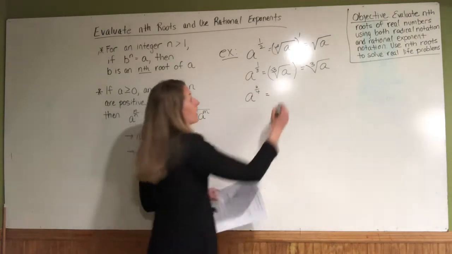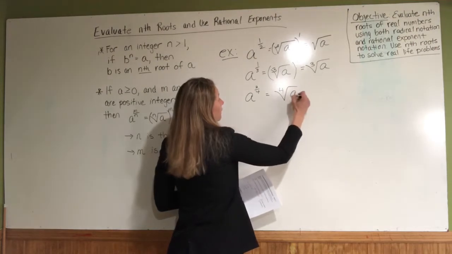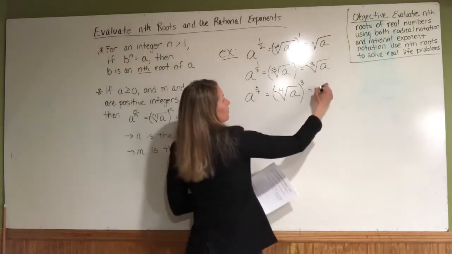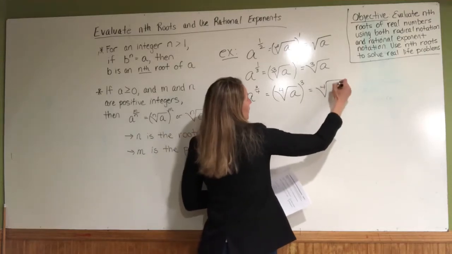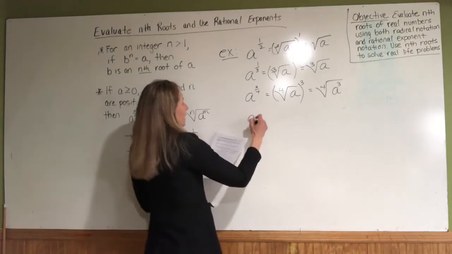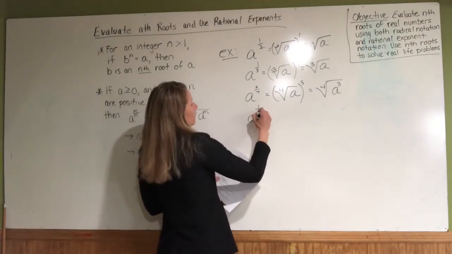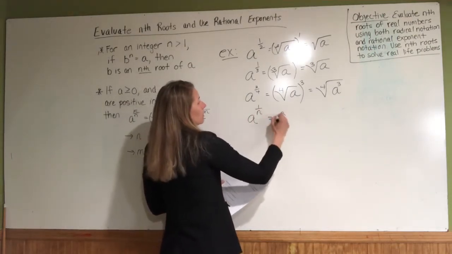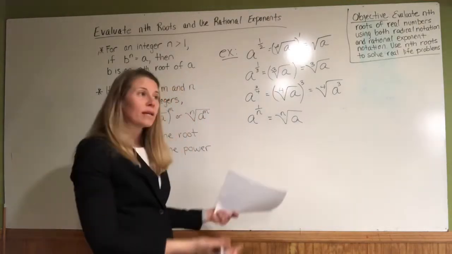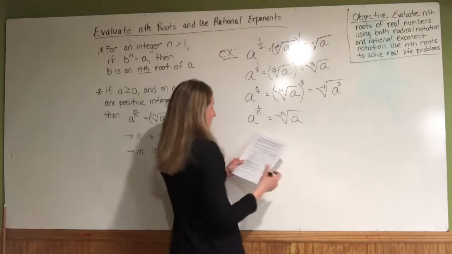Then that could be written as the 4th root of a to the 3rd power, which could also be written like this as well. So you can kind of get the idea. Then if we have a raised to the 1/n power, that would be the nth root. We don't have a specific number there, just a variable. We're just going to say it's the nth root of a.